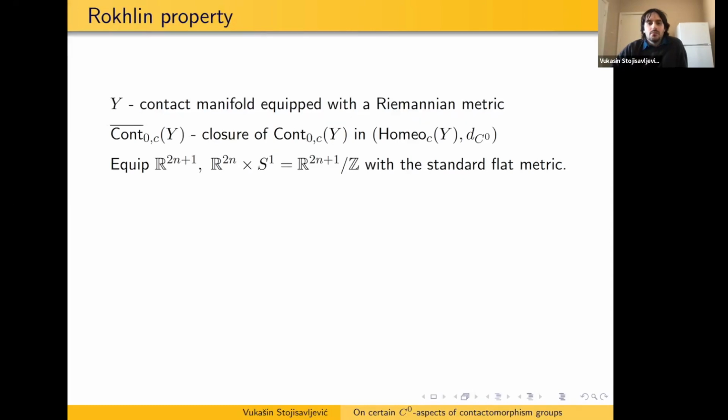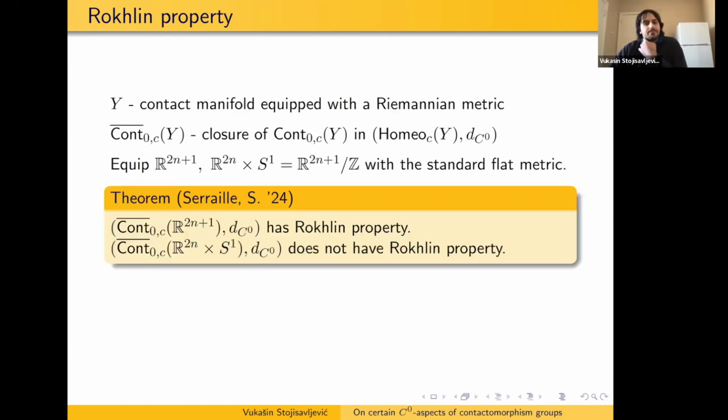For most of the talk, we're going to be concerned with these two spaces, R^(2n+1) and R^(2n) times S^1. In this case, we equip both spaces with the standard flat metric. I will not be talking about the metric anymore. They're always going to be flat.